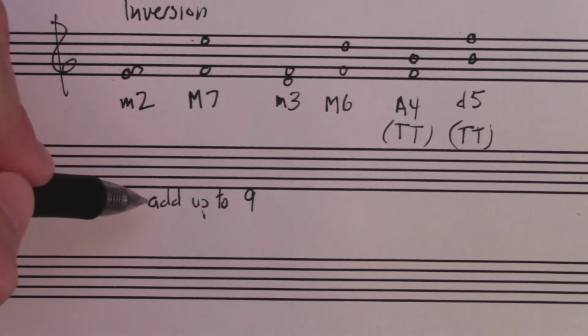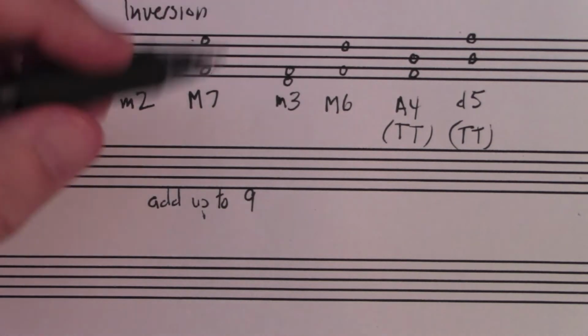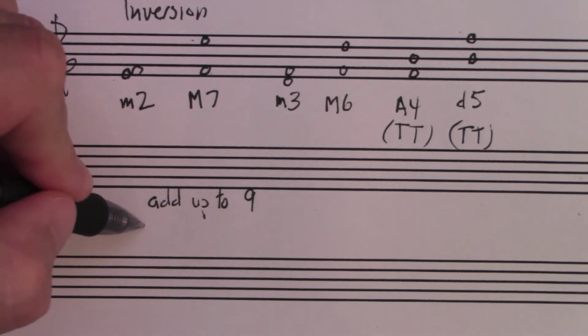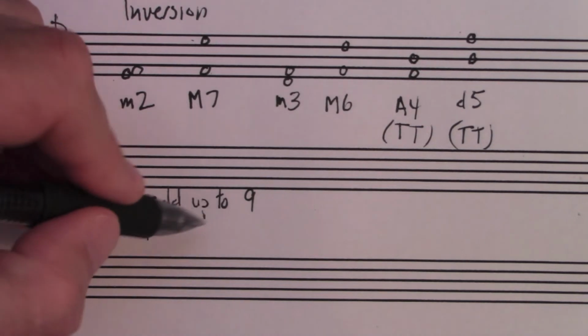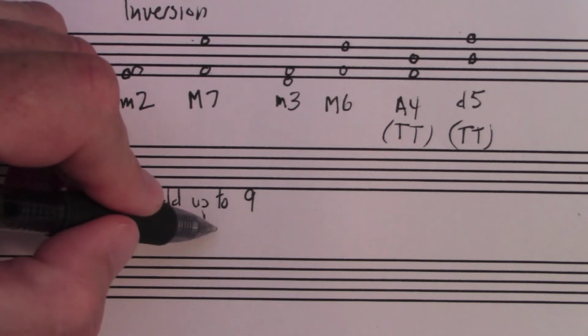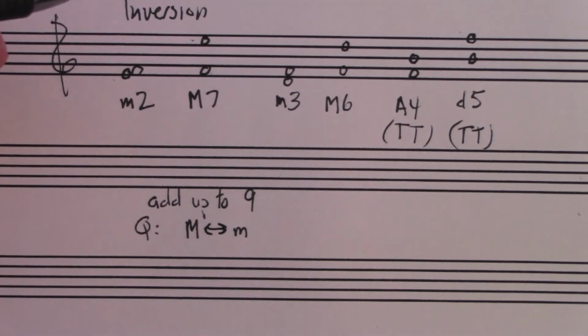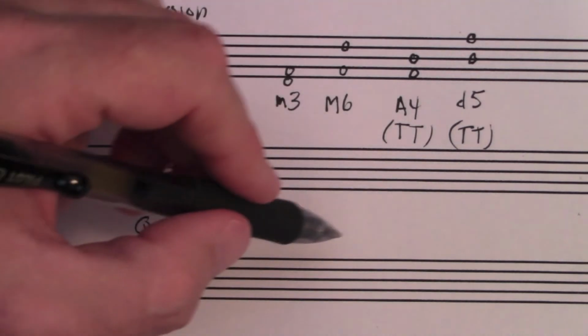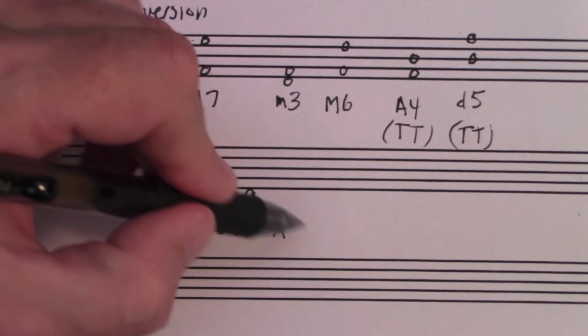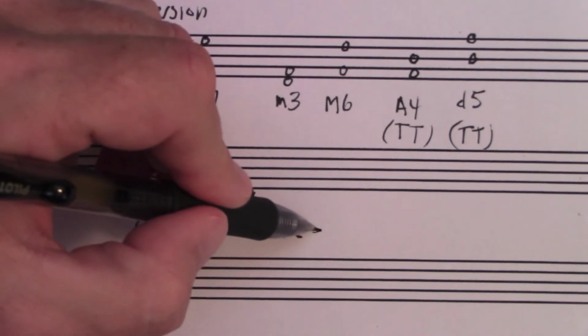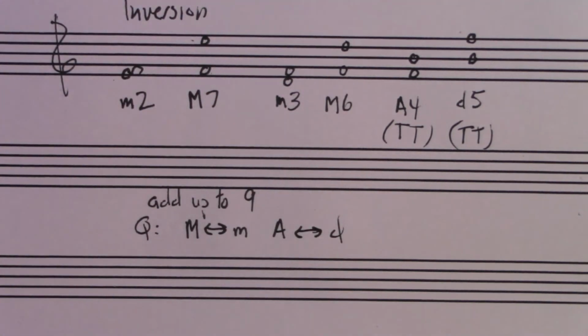So the numbers will add up to 9, and the qualities, major and minor, switch. Augmented and diminished switch.